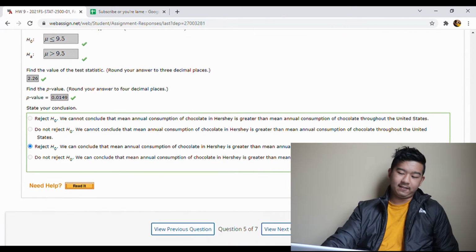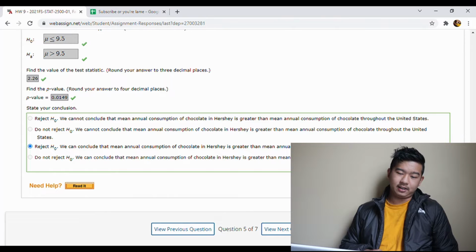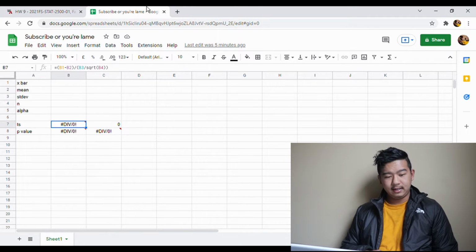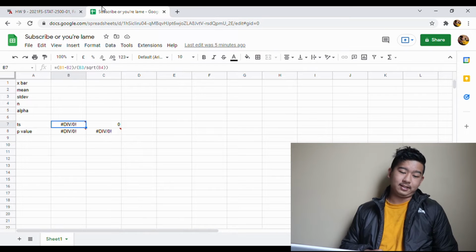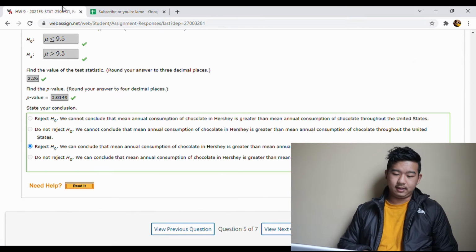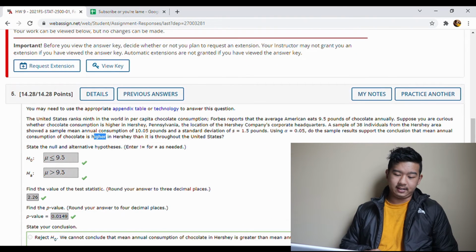Now find the value of our test statistic. That means we are going to open our spreadsheet. There's a link down in the description. And we're going to fill out our information: our x bar, our mean, standard deviation, n, which is our sample size, and our alpha. Our x bar is what we were looking for in Hershey, so that's 10.05.